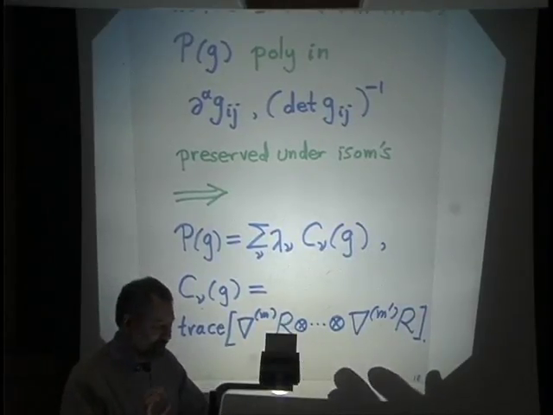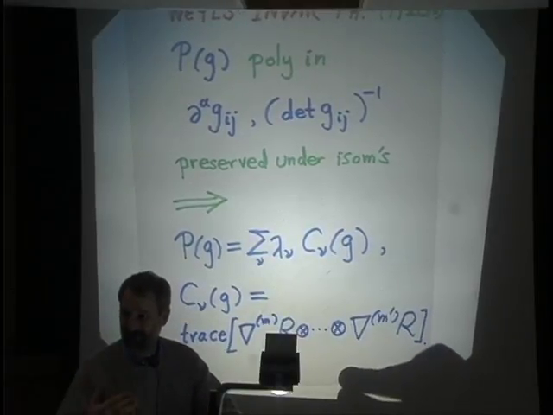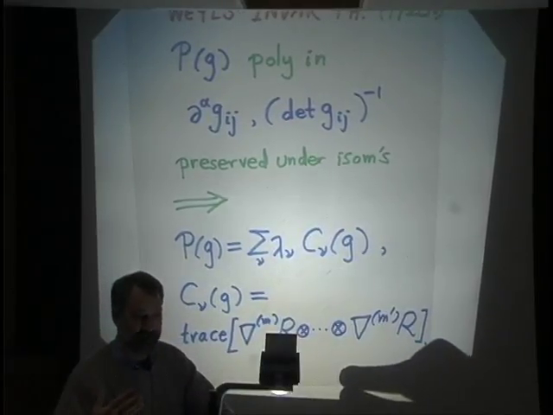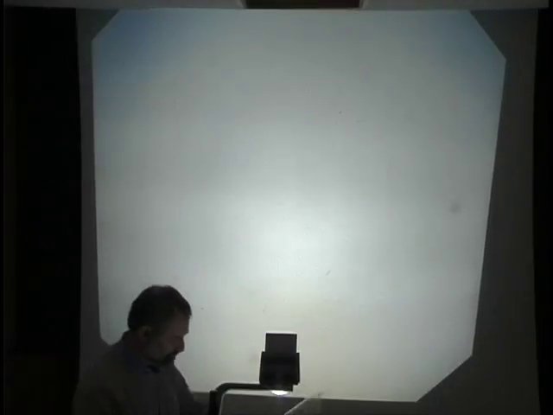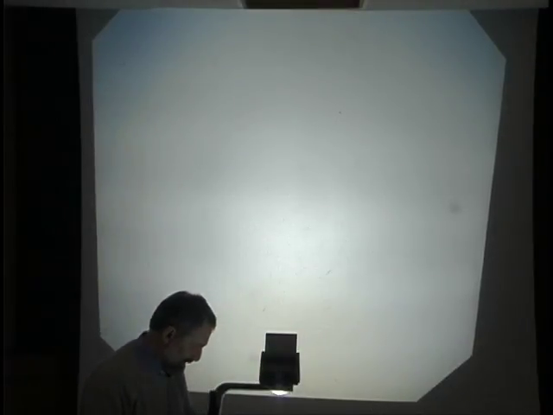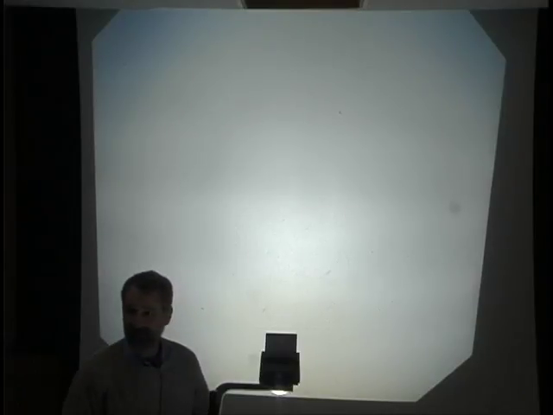So now we know what P of G has to look like, at least given the first of these invariance properties, but not given any conformal information. So that's the first thing that comes from elementary invariant theory. There's a second very, very important fact that comes from elementary invariant theory.